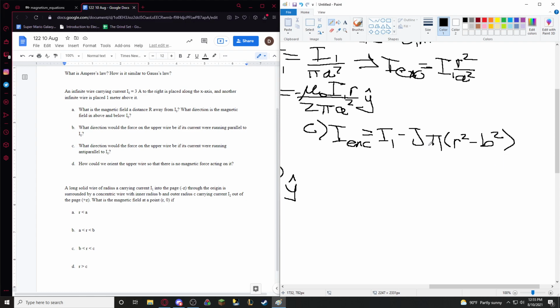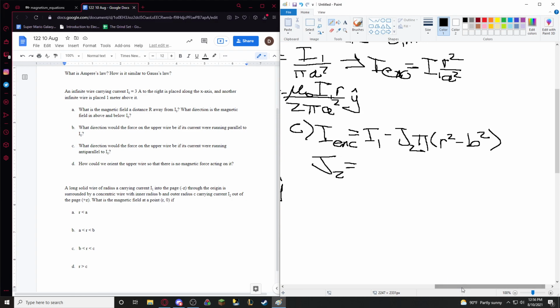This is J2. So how do we get J2? Well, it's the total current, so we will still need I2, but I believe we may need I1 as well.